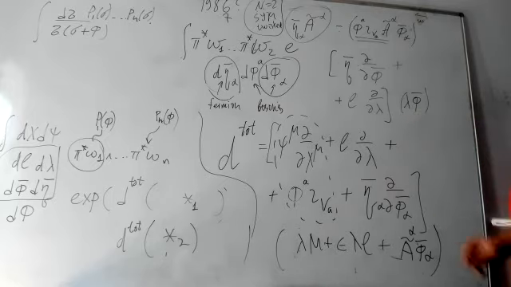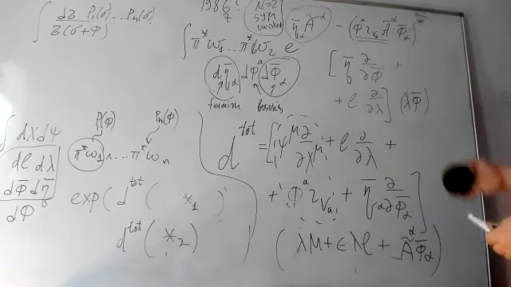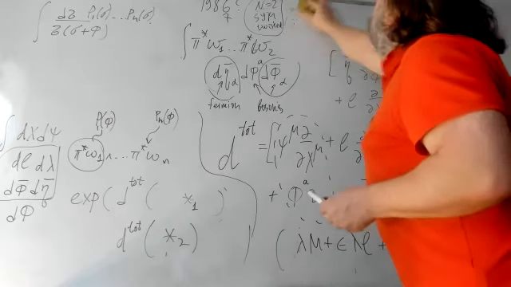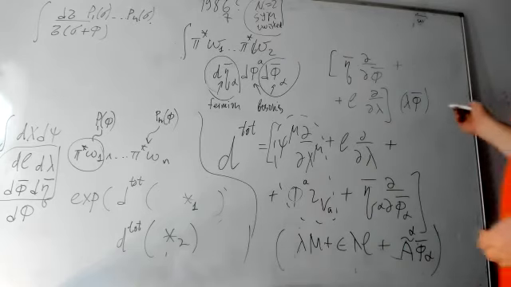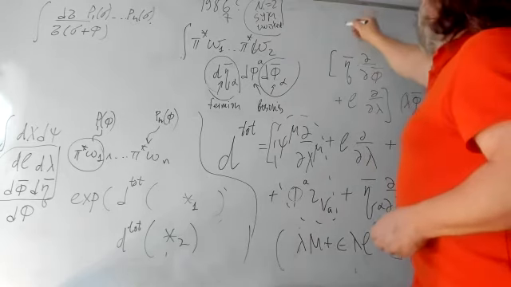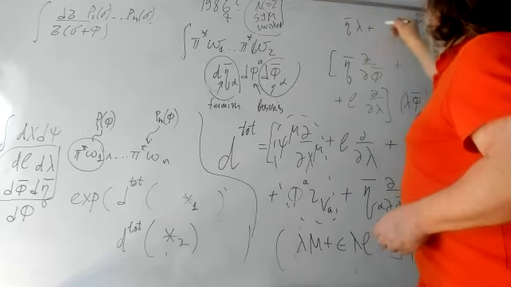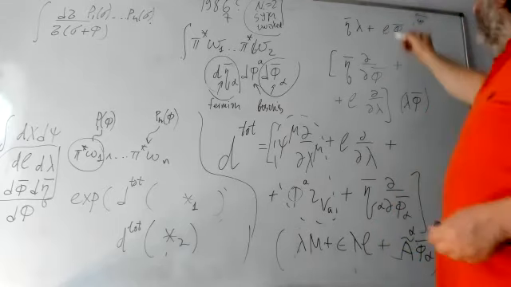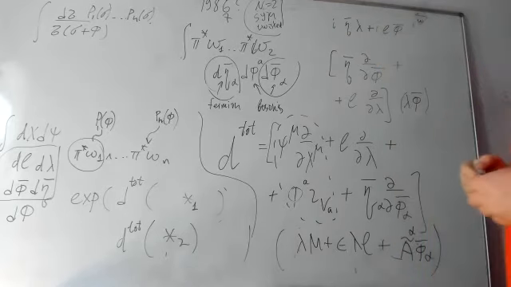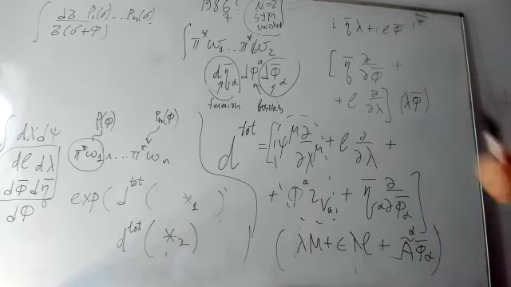So let us see what happens if we apply it here. We will get eta bar lambda plus L phi bar, and probably we need to have some i here. But when we have it, we are done.